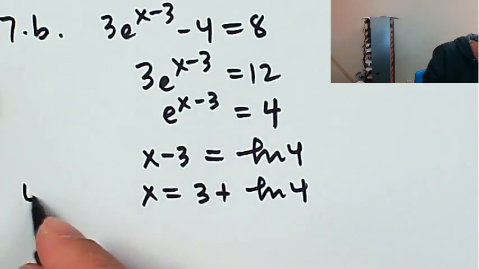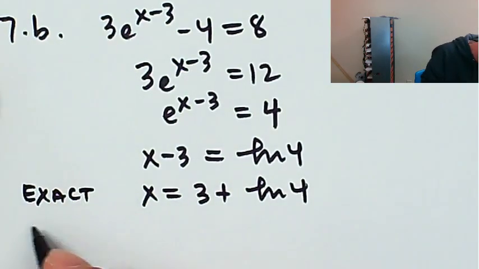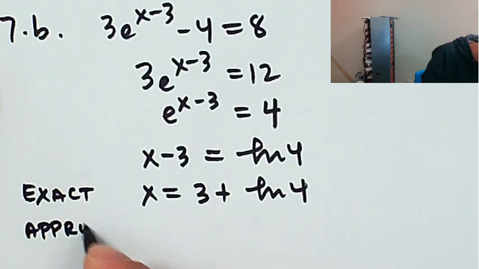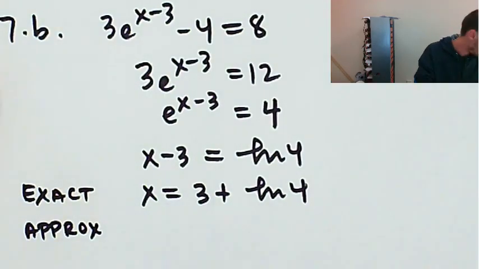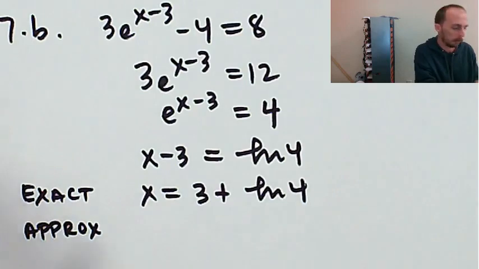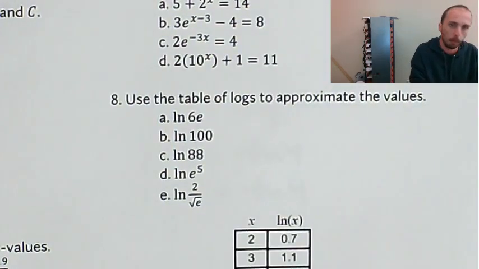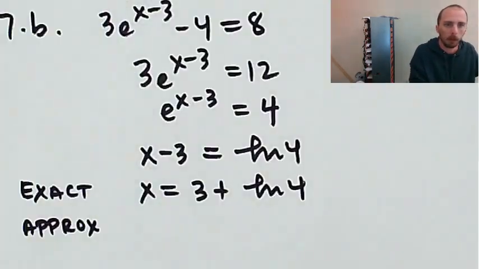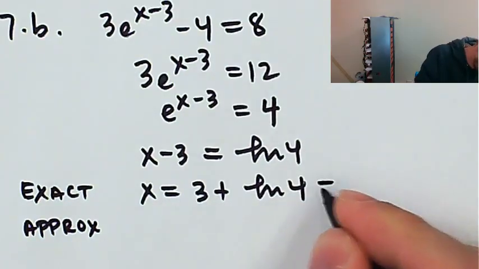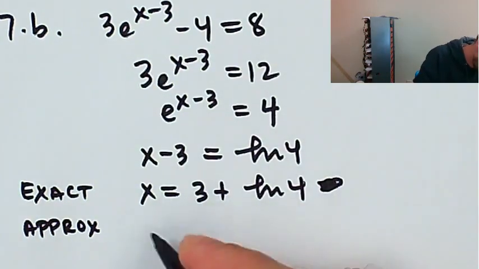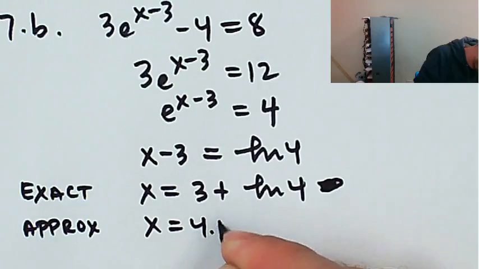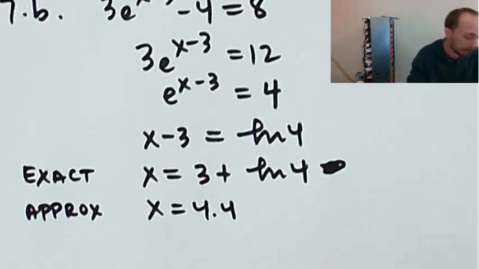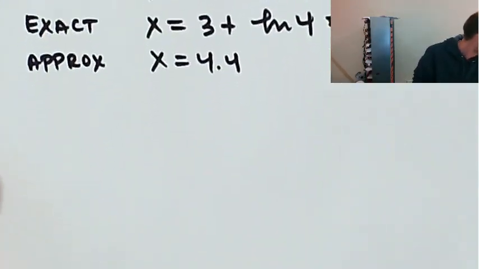Okay, that's an exact solution. For an approximate solution, you look up natural log 4 from the table. That's going to be 1.4. 1.4 plus 3 is going to be 4.4. Okay, and that's going to be just fine.